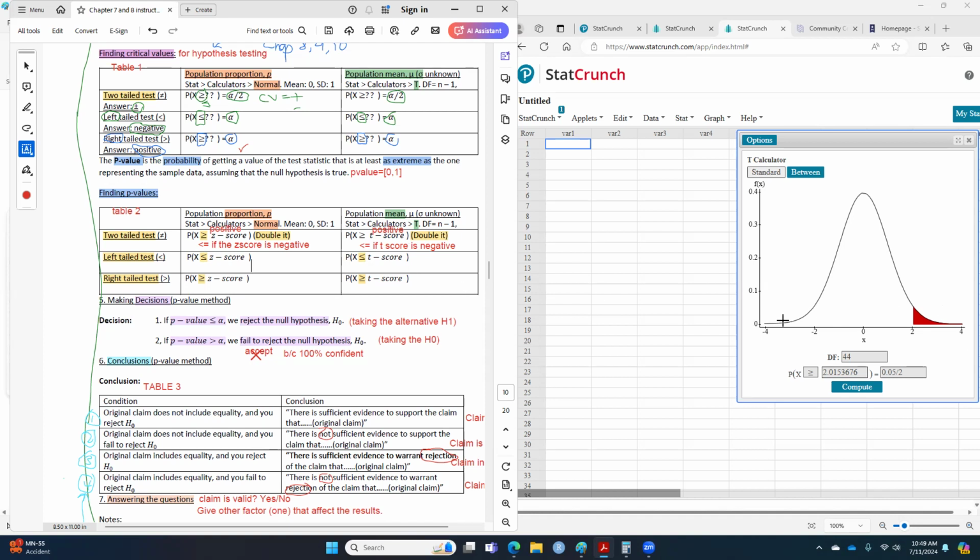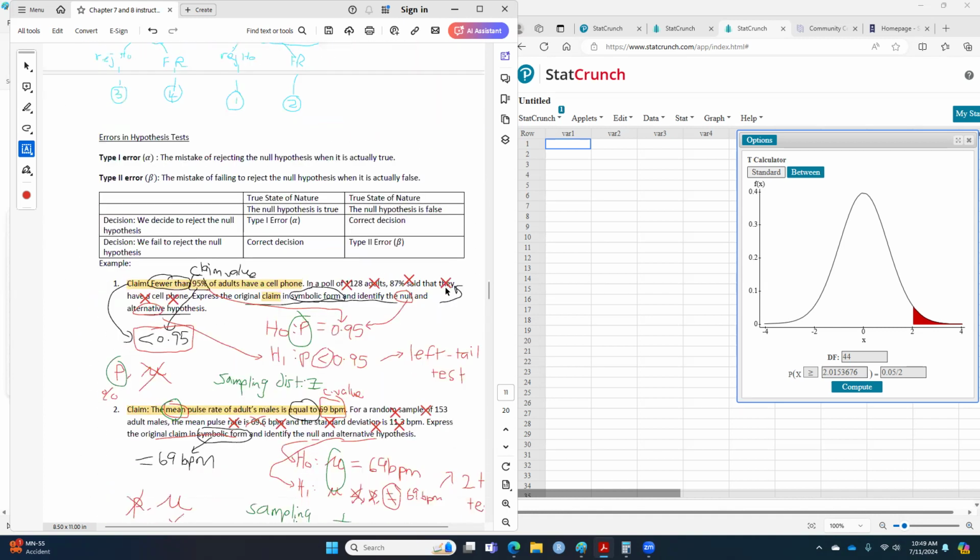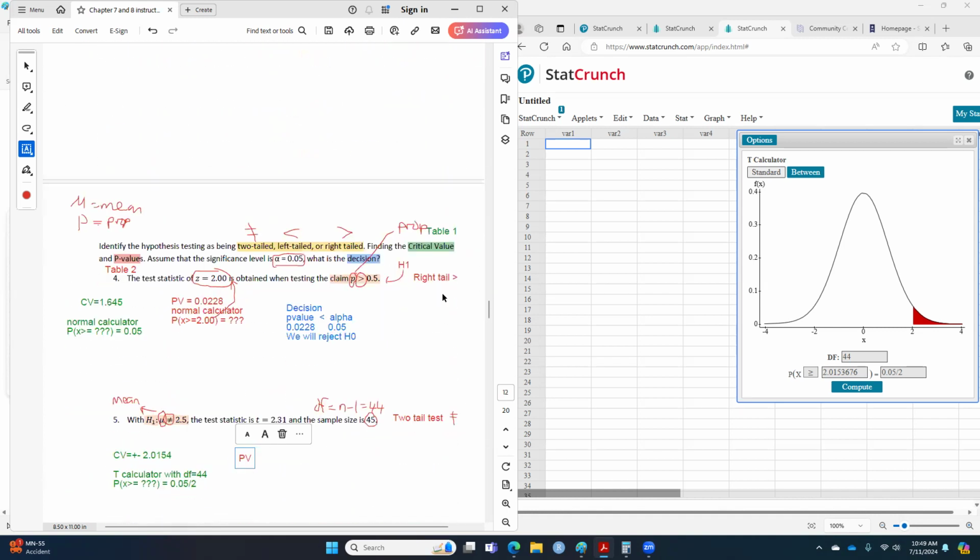So because it's a two-tailed test, it should have the same area on the other side because it's symmetrical. So that's why you double it. That's why you see when you do a two-tailed test, you double your p-value. Okay. So what happens here, class, is let me take a look at it.